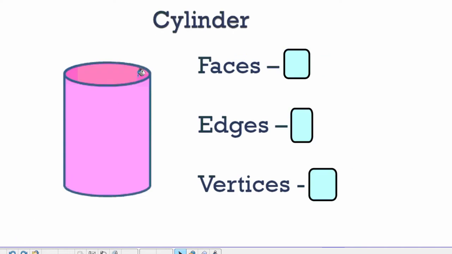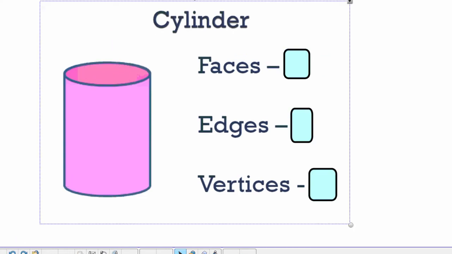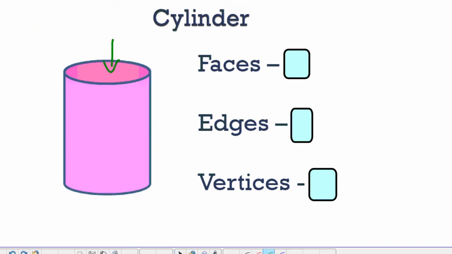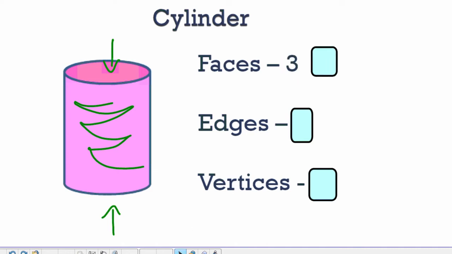Okay, a cylinder. Faces: you've got the top, and you've got the bottom, and this rounded part also counts as a face. So we've got 3 faces on a cylinder. Edges: if you think about a Pringles tin, you've got this part around the top, and that's an edge where 2 faces meet.